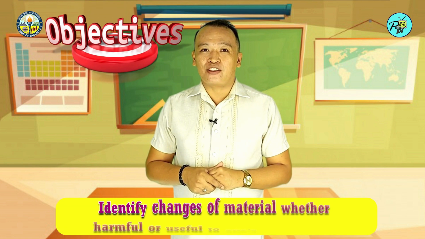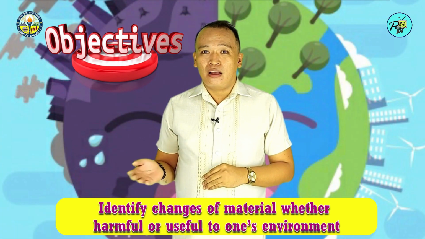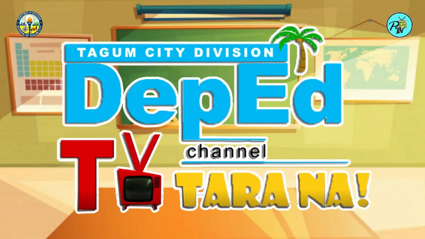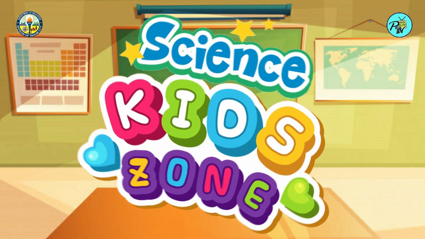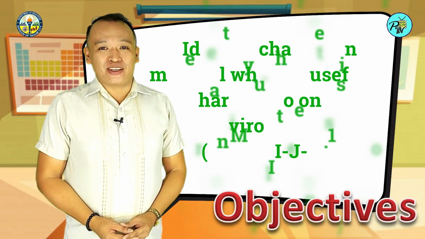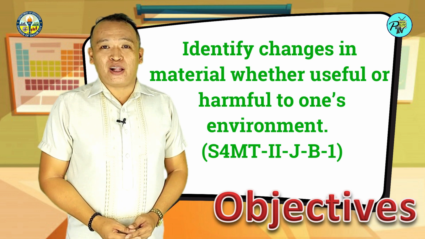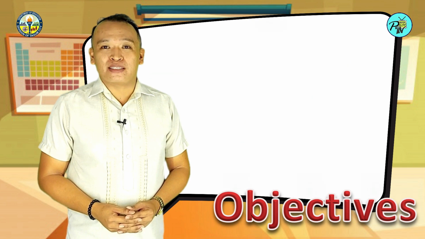I guess that you are now ready for today's lesson. That is, identify changes of material, whether it is harmful or useful to the environment. For today's lesson, you will be able to identify changes in material, whether useful or harmful to one's environment.